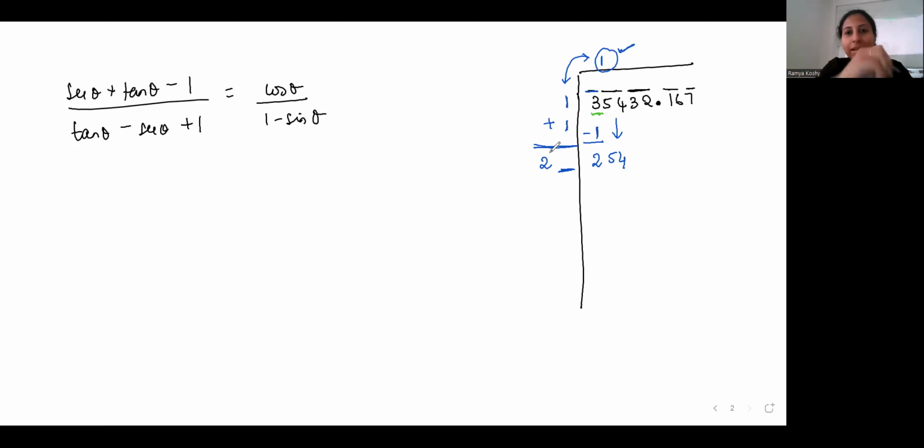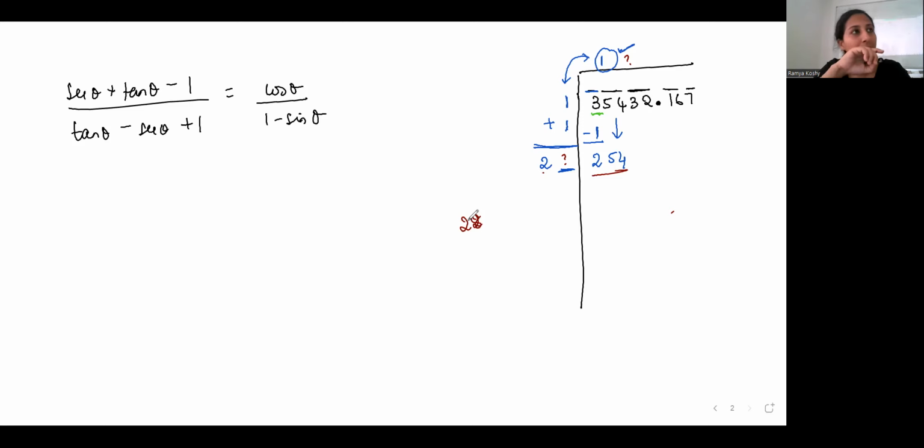Next, I need to think what digit to fill over here and here so that the product of 2 followed by that digit with that digit is a number less than 254. So suppose I try 28. Sorry.